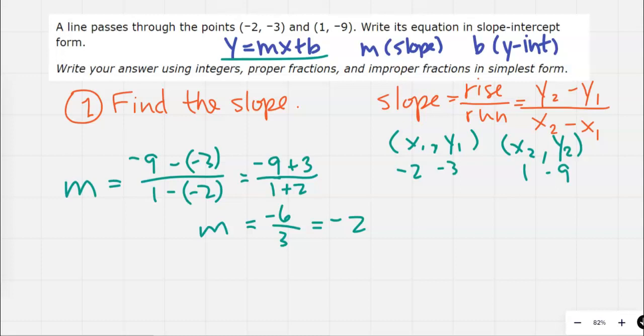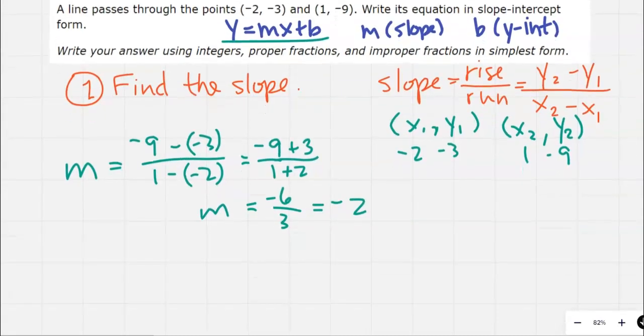So now that we know our slope value, huzzah, we can use the y equals mx plus b format to figure out the value of b. We've already figured out the value of m. Now we can substitute the x and y coordinate values for one of our points.